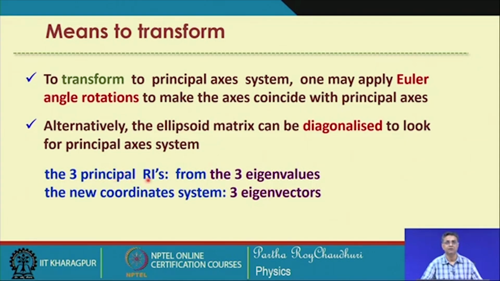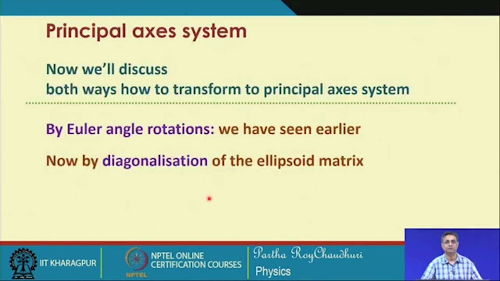The three principal refractive indices will be the result, and we will get the three eigenvalues from the diagonalization of the matrices, and we will also end up with three eigenvectors, which will give you the transformation for the new coordinate system, and we will see how it happens.